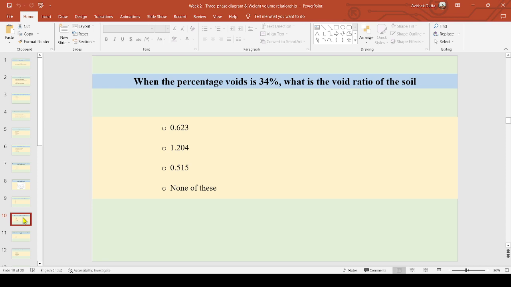Your options are 0.623, 1.204, 0.515 or none of these.